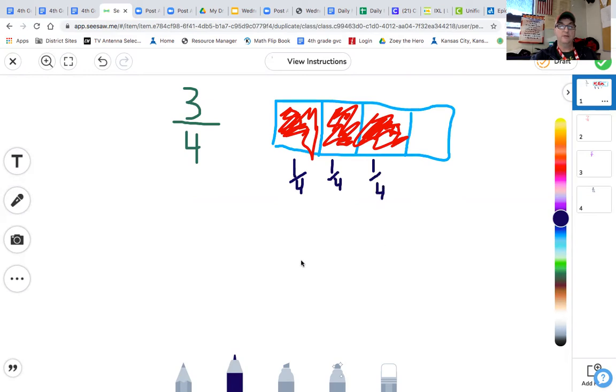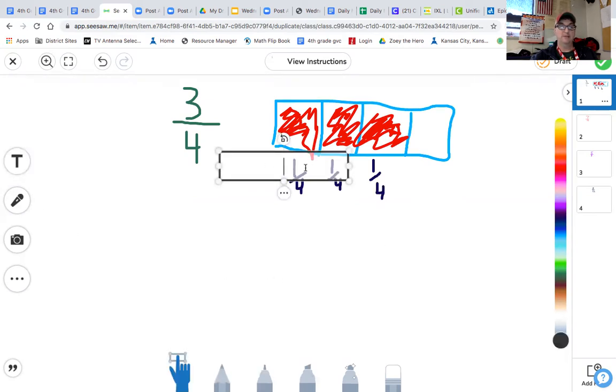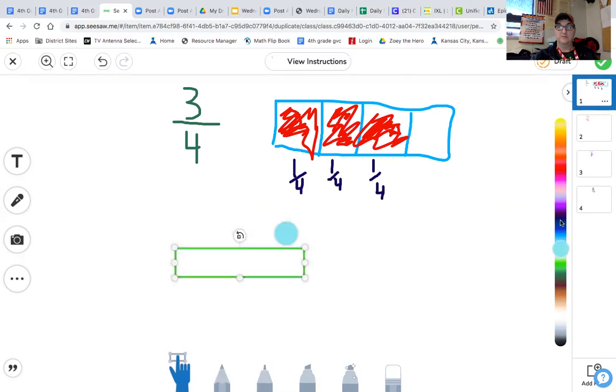So I can write down here, or I'm going to type it in a text box. Make my colors different. So I could say that 3/4 equals 1/4 plus 1/4 plus 1/4. Right? So that's one way to show it.